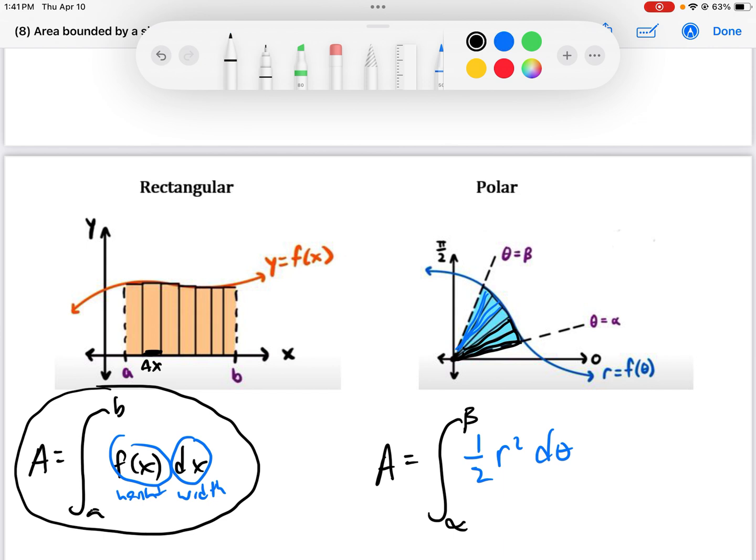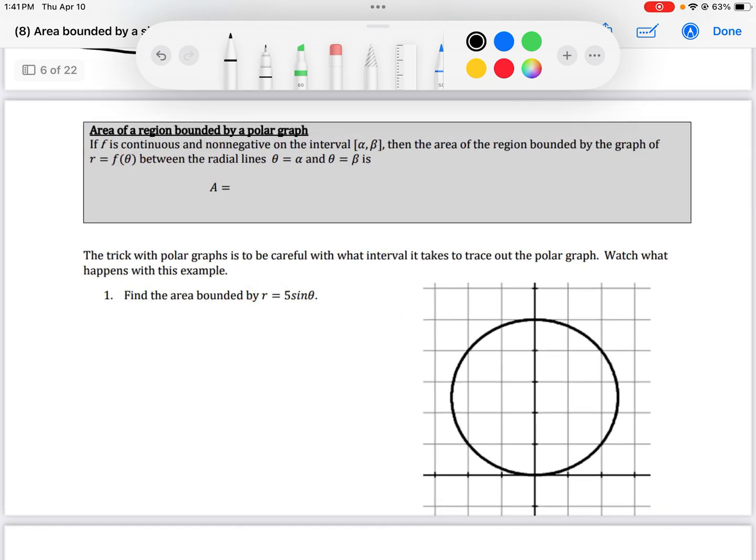So a lot of times people would write this as A equals 1/2 the integral from alpha to beta of r squared d theta. Remember, r is our function that defines the polar curve, the function in terms of theta that gives us r. So to write it out again, area is equal to 1/2 the integral from a to b, we'll call this alpha and beta, but think of it as a and b, of r squared, where r is the function that defines the polar curve, d theta.